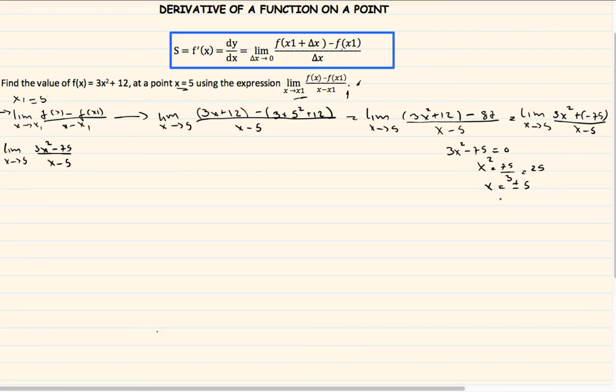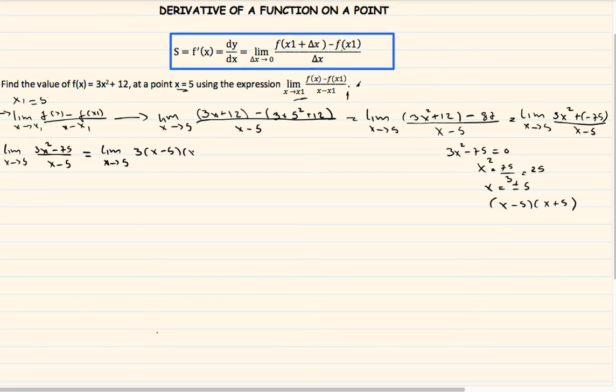This gives us x minus 5 into x plus 5 in terms of factors. We replace this in our expression, but this by itself is not going to satisfy our equation, so we multiply it by 3. So the limit when x tends to 5 of 3 into x minus 5, x plus 5, divided by x minus 5.